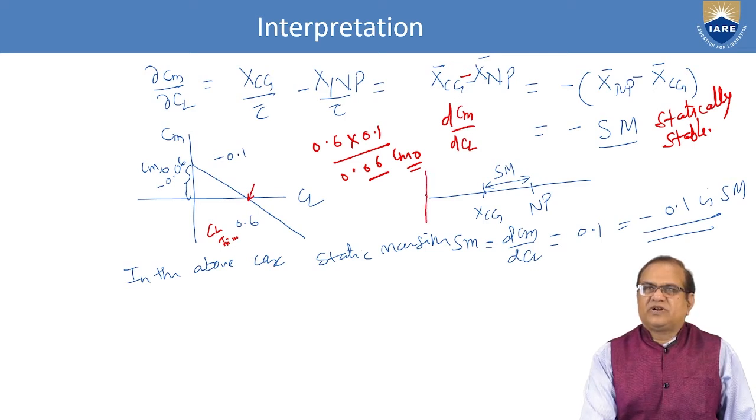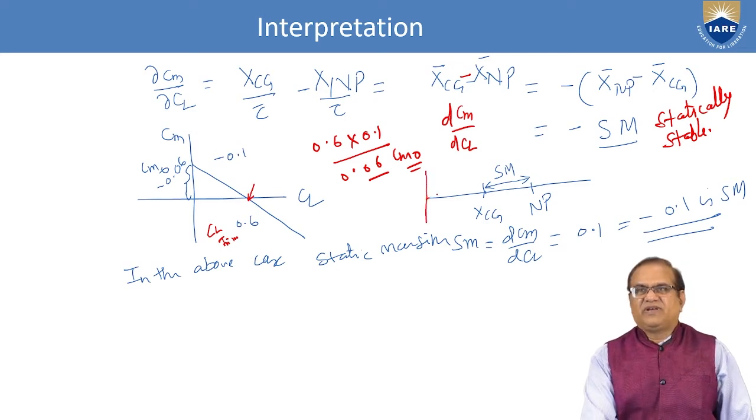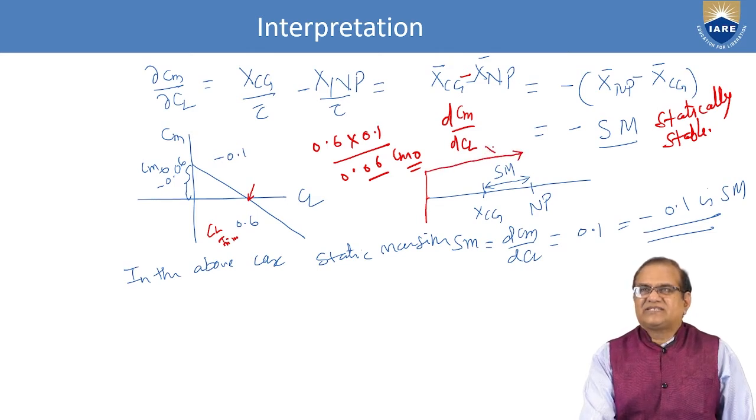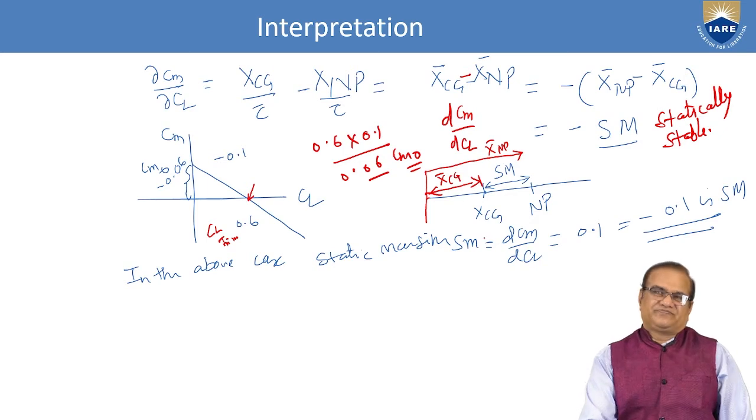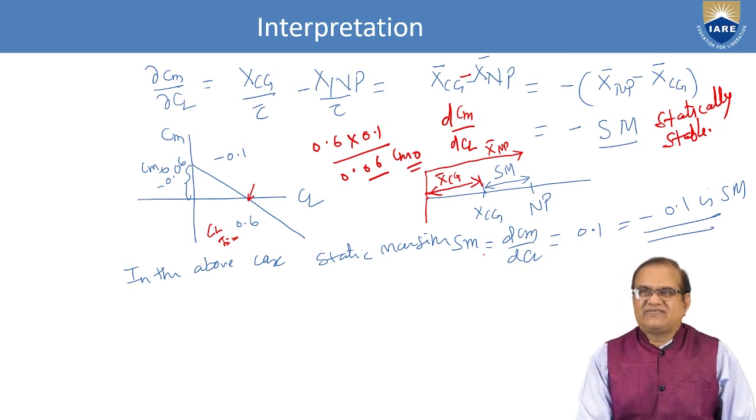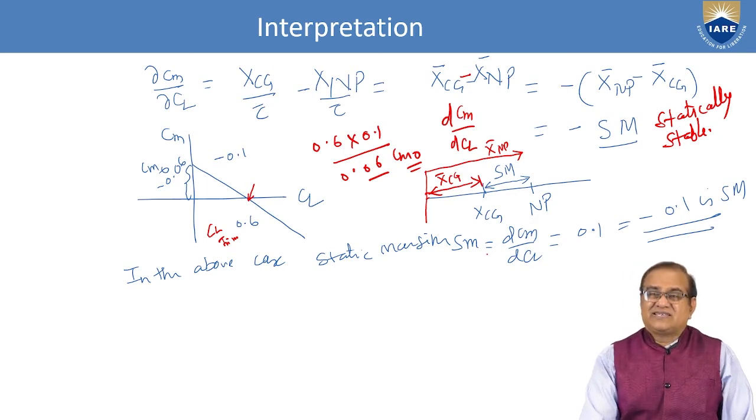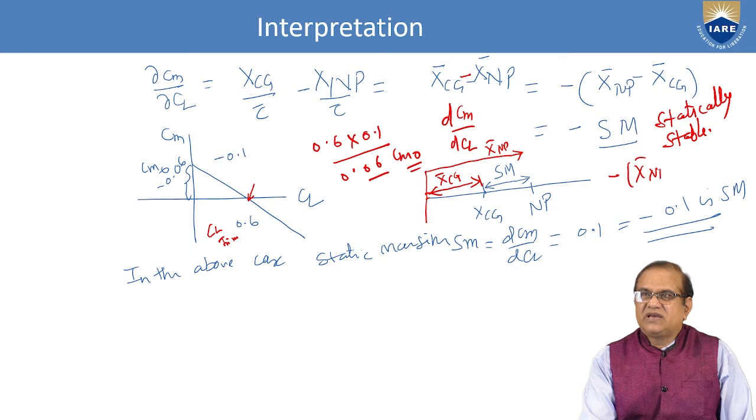Here it is shown that this is the leading edge of the main wing, from here to here is X bar NP, and from here to here is X bar CG. The difference is X bar NP minus X bar CG.